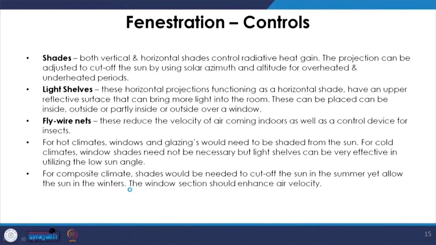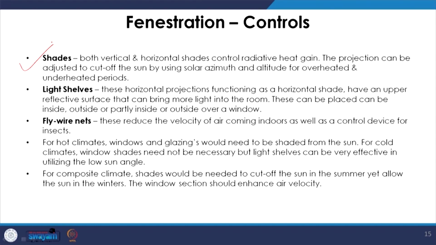In addition to designing the size, orientation and arrangement of fenestration, we can also add controls along with it. We have different types of controls that we can take into account. One of the most common and popular is shading devices.